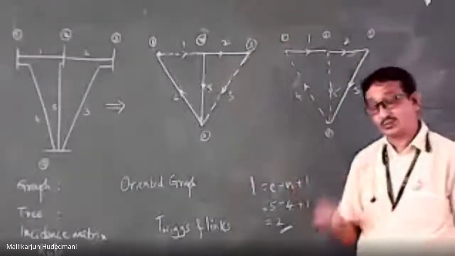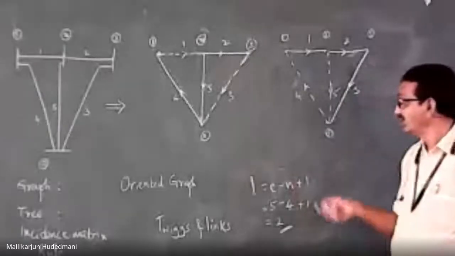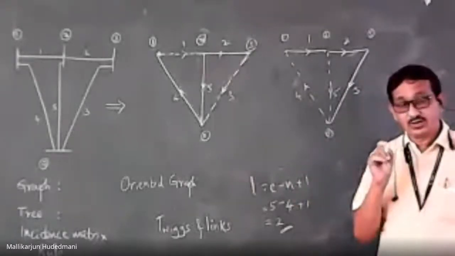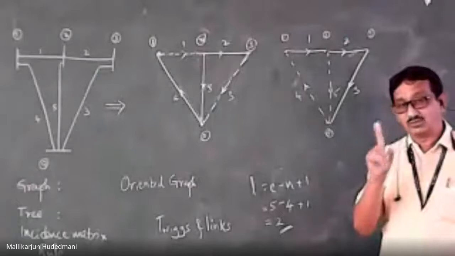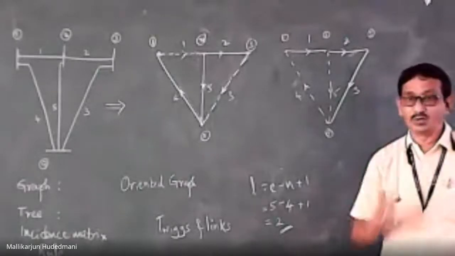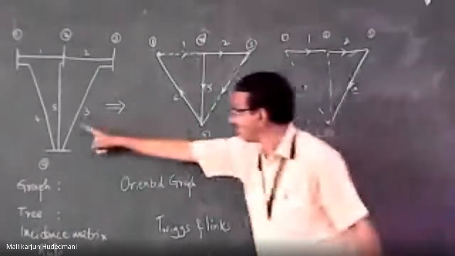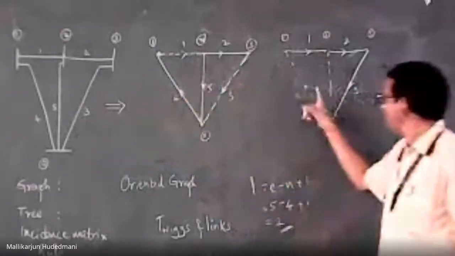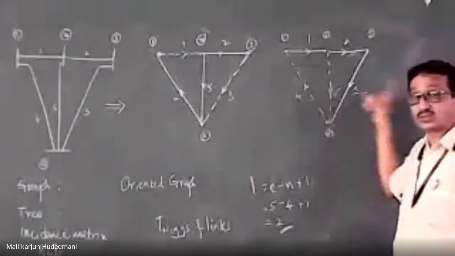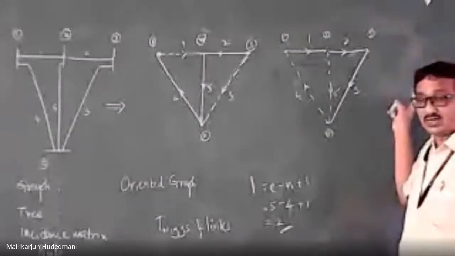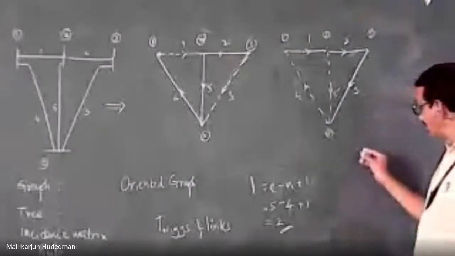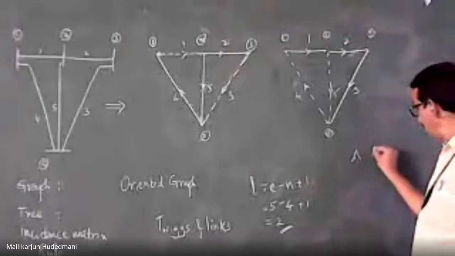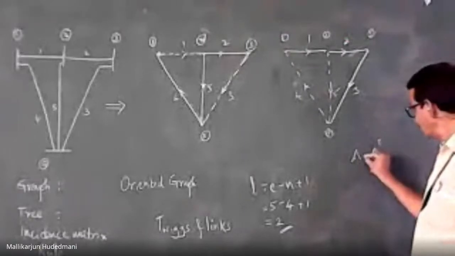Now I would like to give you a mathematical link. There are a number of trees possible for a network problem. This is a problem. For this, one tree pattern, second tree pattern, third tree pattern, like that. How many will you get then? It is called A into A transpose.